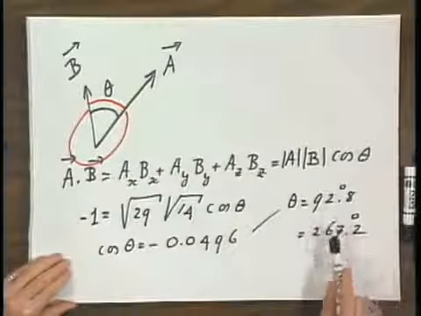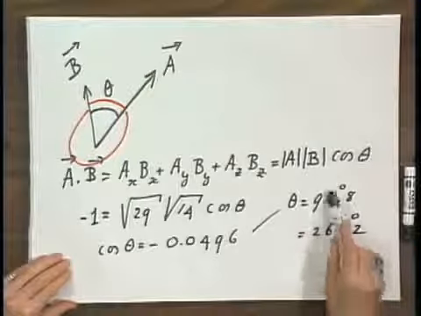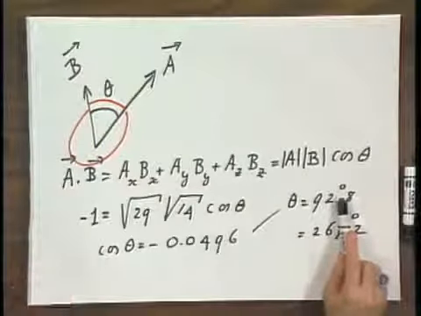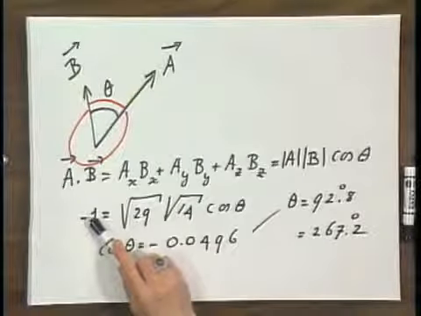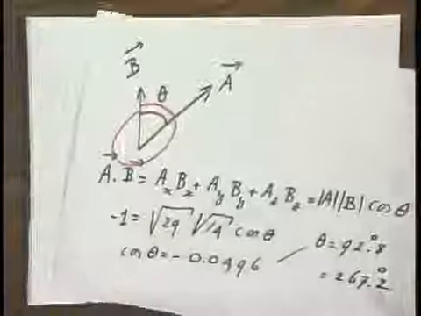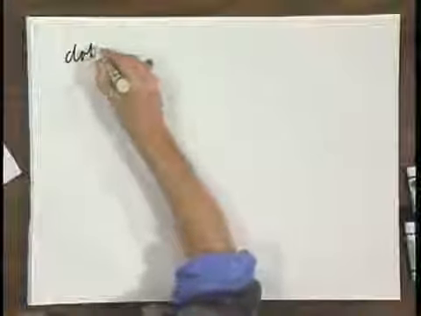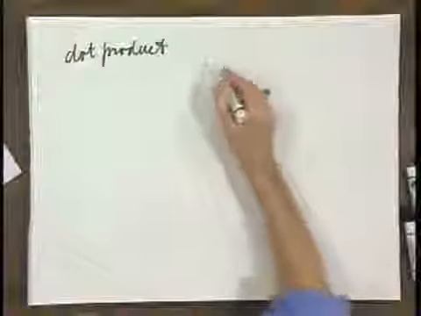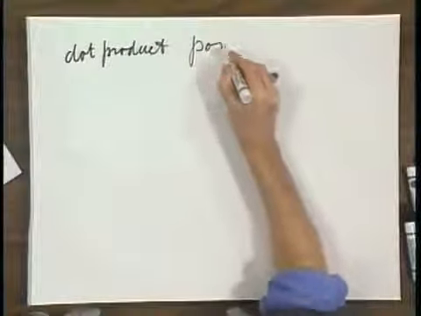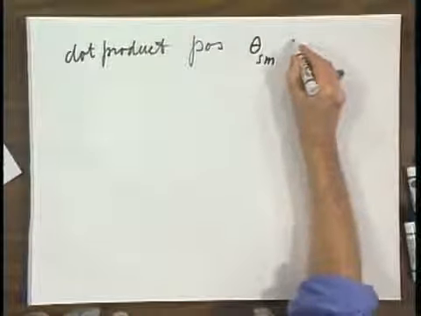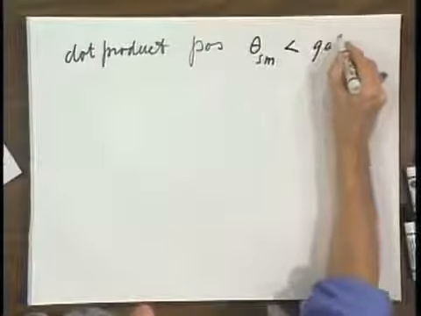When the smallest angle of these two is larger than 90 degrees, which is the case here, then the dot product is always negative. You see that here. So I would like to write that down in its more general form. So the dot product is positive when the smallest angle of the two is smaller than 90 degrees.